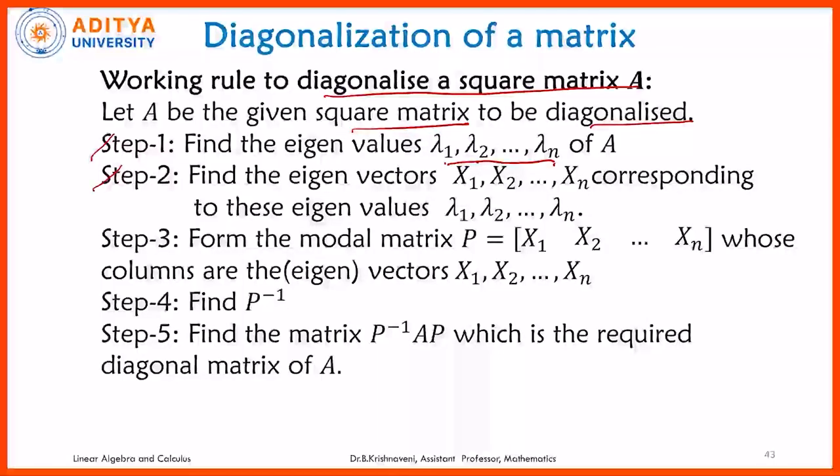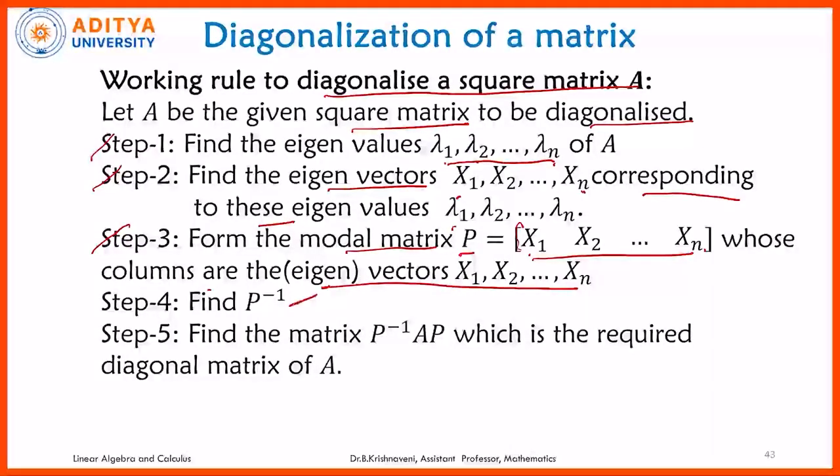Next, go to step 2. Find the eigenvectors x1, x2, and so on up to xn corresponding to these eigenvalues lambda 1, lambda 2, up to lambda n. Then find the model matrix P, whose columns are the eigenvectors x1, x2, up to xn.